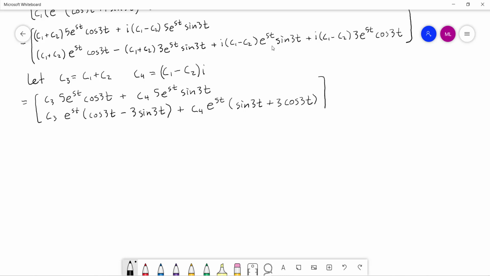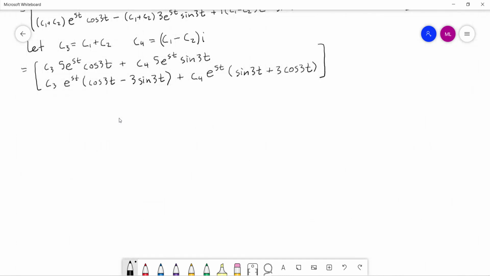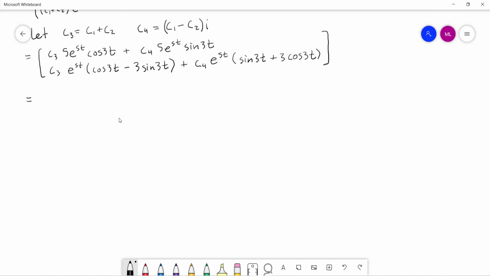So I've just kind of, again, factored out some terms, grouped stuff together. This algebra is getting bad. I know you're probably exhausted. Follow it carefully. I don't think we've made any mistakes yet. And lastly, we can clean this up a little bit. So let me factor the C3 out and the e to the 5t out and see what I can get out of this.